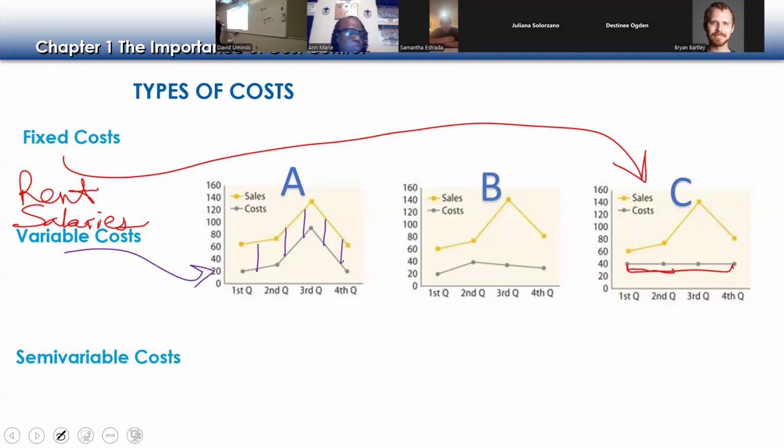So that's what we mean by our costs move in direct proportion. So as our sales go up, it makes sense our cost is going to go up. Why does it make sense that our costs are going to go up if our sales go up? We need more product. We need more ingredients. We need more people. The demand's going to be higher. Yeah, so there's more demand, there's more people wanting our product, and so we have to spend more money on the ingredients.